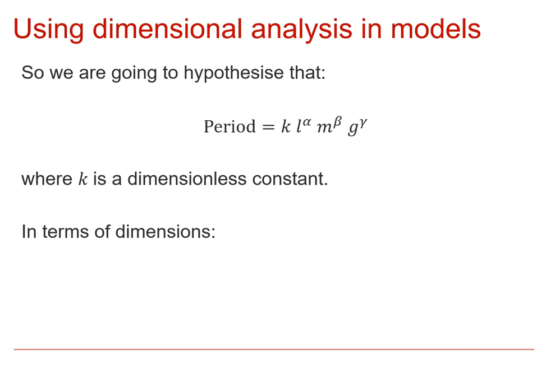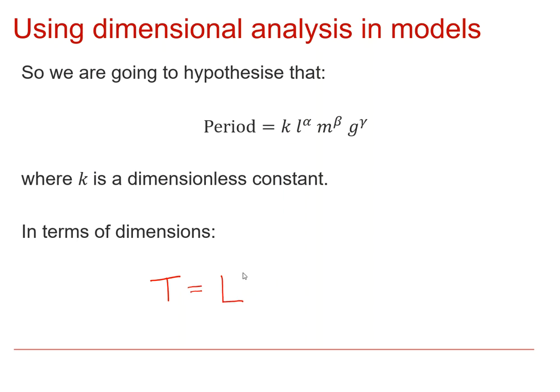So let's think about the dimensions then. Well, the period, that's the time it takes for one oscillation. So on the left hand side we've got something with dimensions of T. k is dimensionless, so I don't need to worry about that.